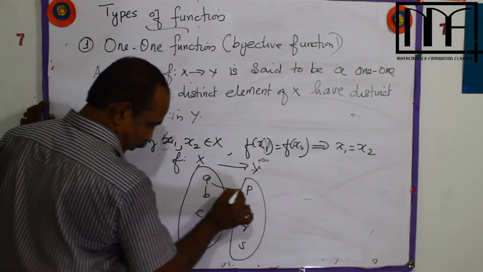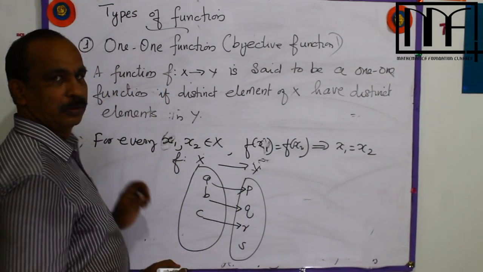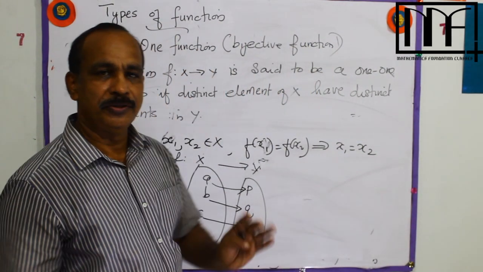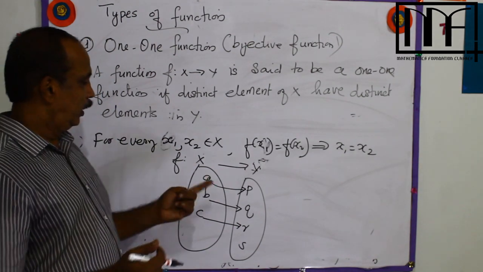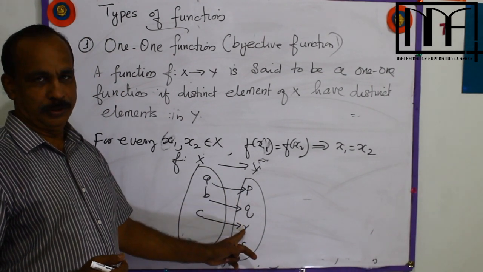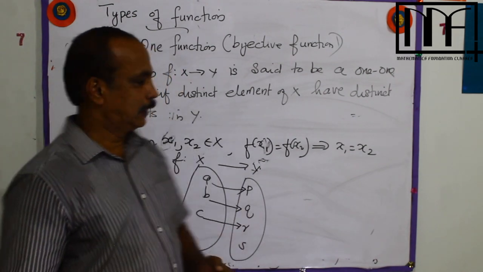A has its own image, B has its own image, C has its own image. Those functions are called one-one functions.